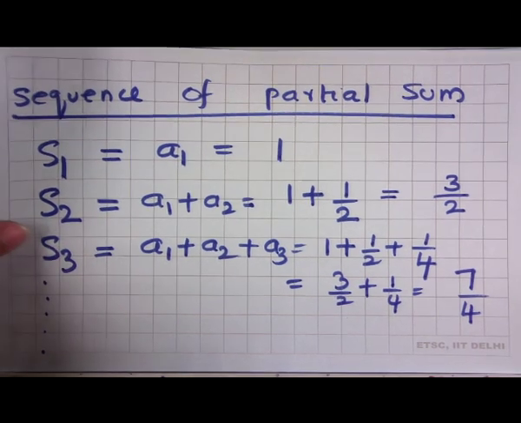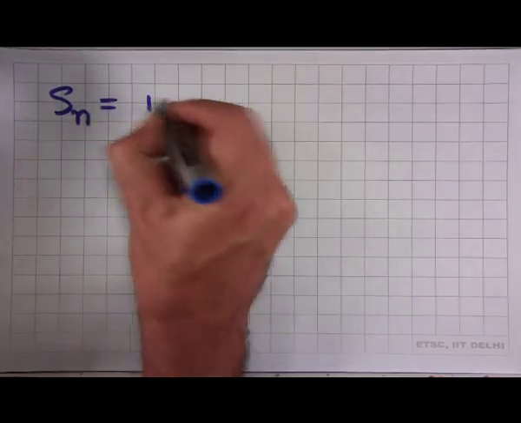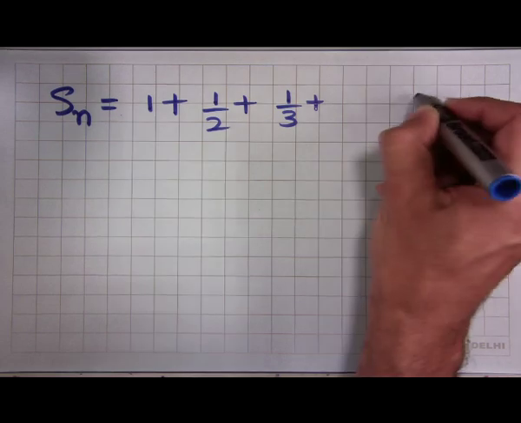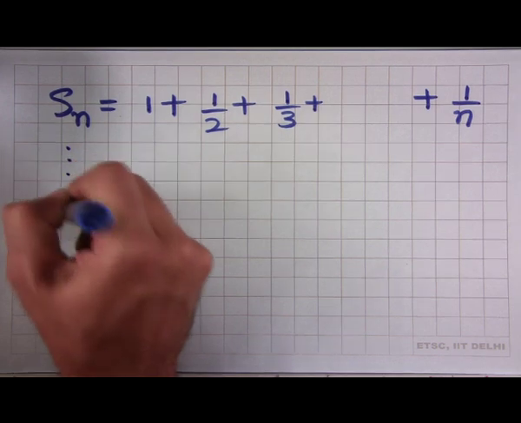Sn, the nth partial sum, will be 1 plus 1 by 2 plus 1 by 3 plus etcetera, plus 1 by n.